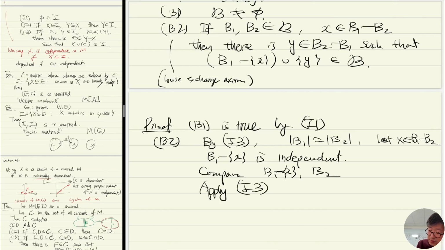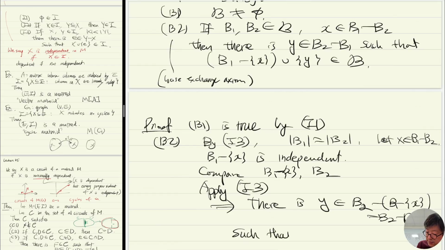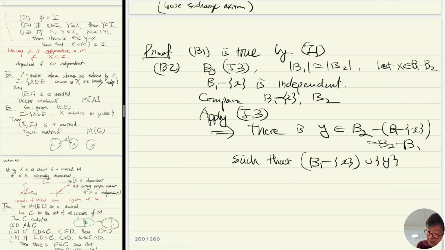Both of these two sets are independent sets. So there is Y in B2 minus (B1 minus X), which is actually equal to B2 minus B1, such that B1 minus X union Y is independent.